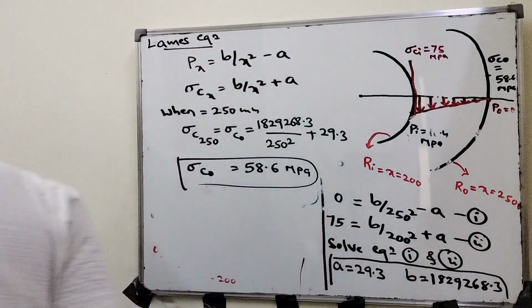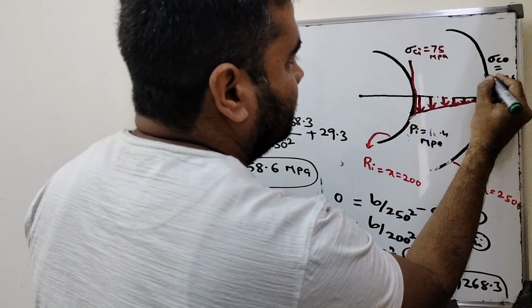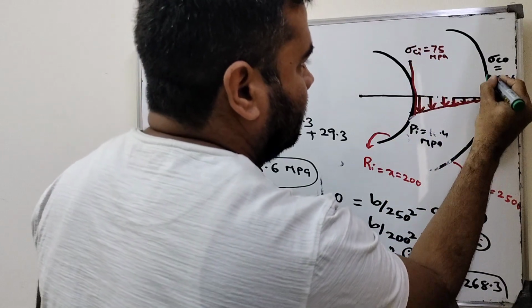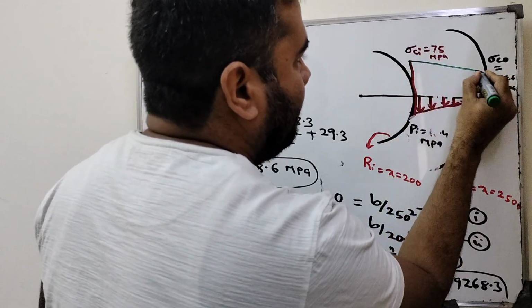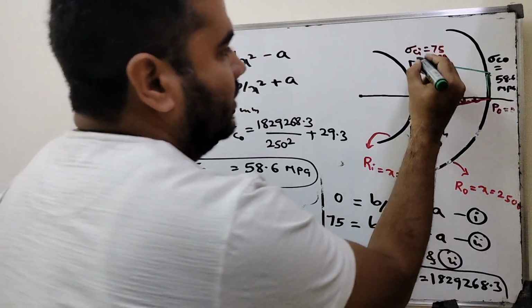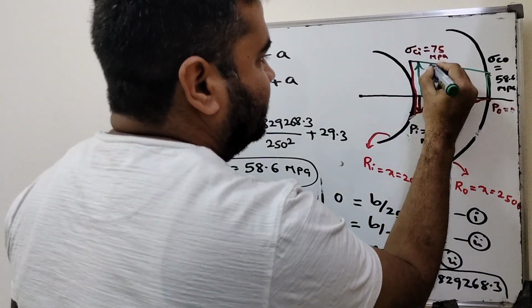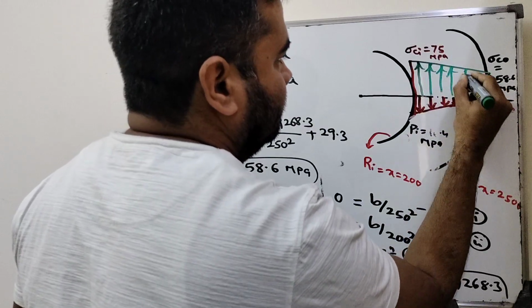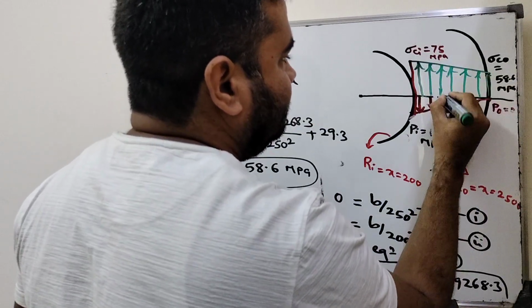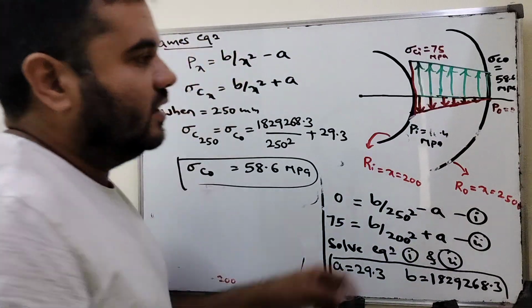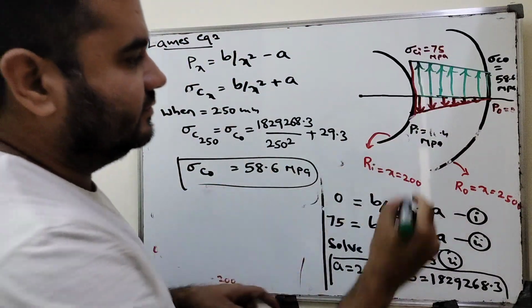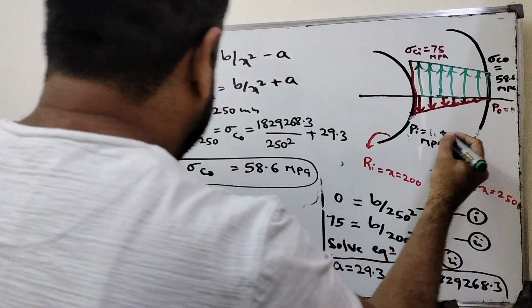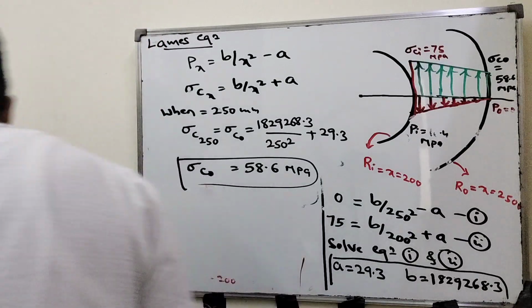Now join these two here. This is how the circumferential stress distribution goes from the center. Downside is the pressure distribution. This is Pi, we calculated, right?